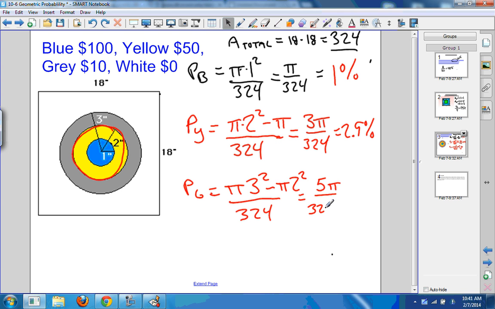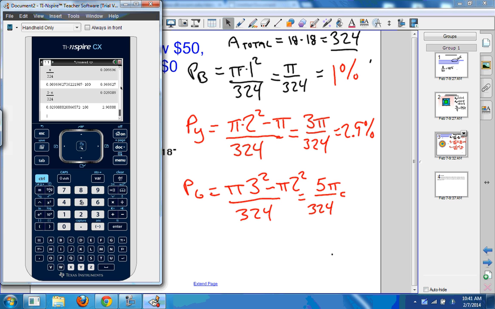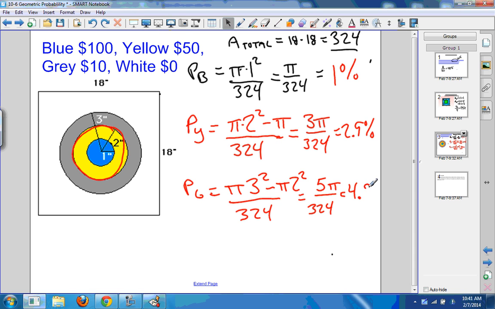I'll put that in my calculator. 5 pi divided by 324 is equal to that times 100, so we get a percent. Probabilities are a little bit easier to understand in percents. 4.9. So 4.9%.